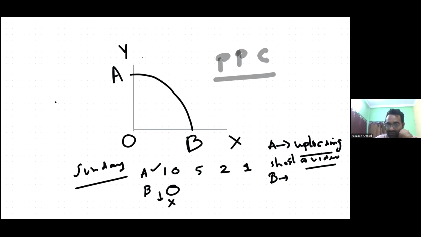But if you reduce the time that you spend on your short videos, you can have some time and make the pastry that you want to make. But in that case, you might limit the quantity because of the time constraint that you have. So maybe you can make two pastries, right?